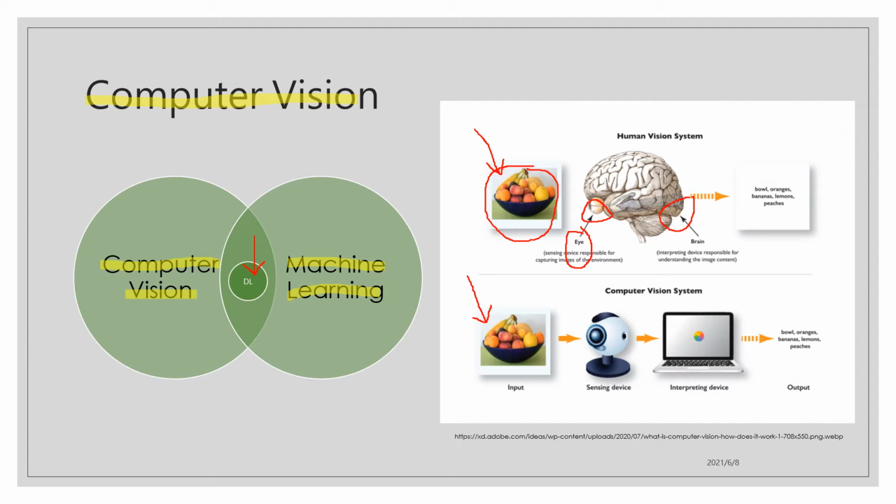So we have the input, which is an image, which is light, and then we use a sensing device. We have different kinds of sensing devices: a camera, a webcam, an RGB camera, or an RGBD camera. We will explain later.